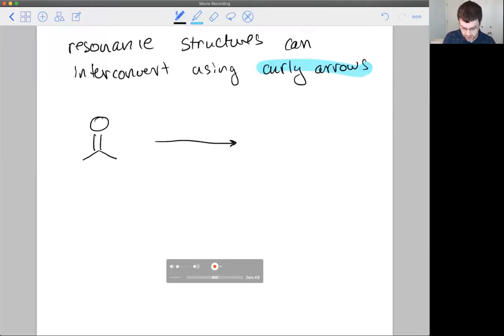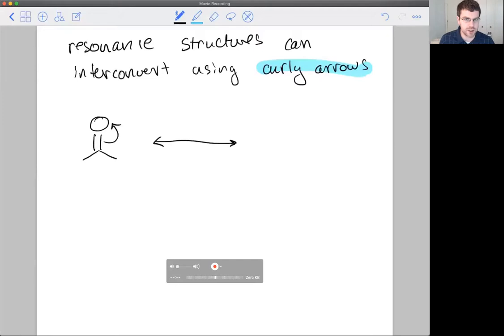Here we're showing how electrons move and get redistributed across molecules. Now, no nuclei change position, which is unlike a chemical reaction where we have a nucleophile attacking an electrophile. All of the atoms and their respective nuclei go along for the ride, but the nuclei don't change position when we're drawing resonance structures.